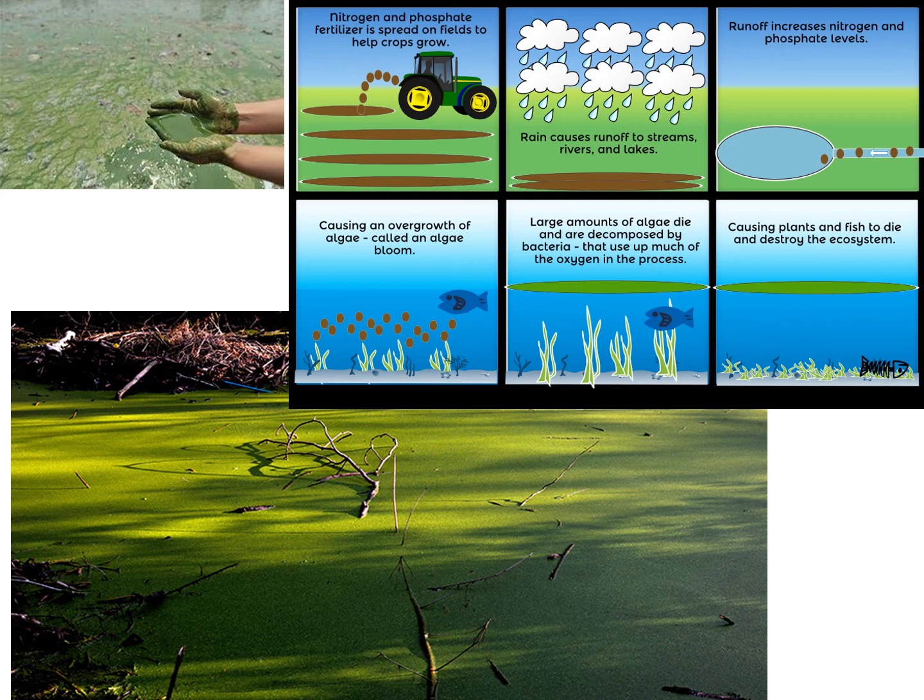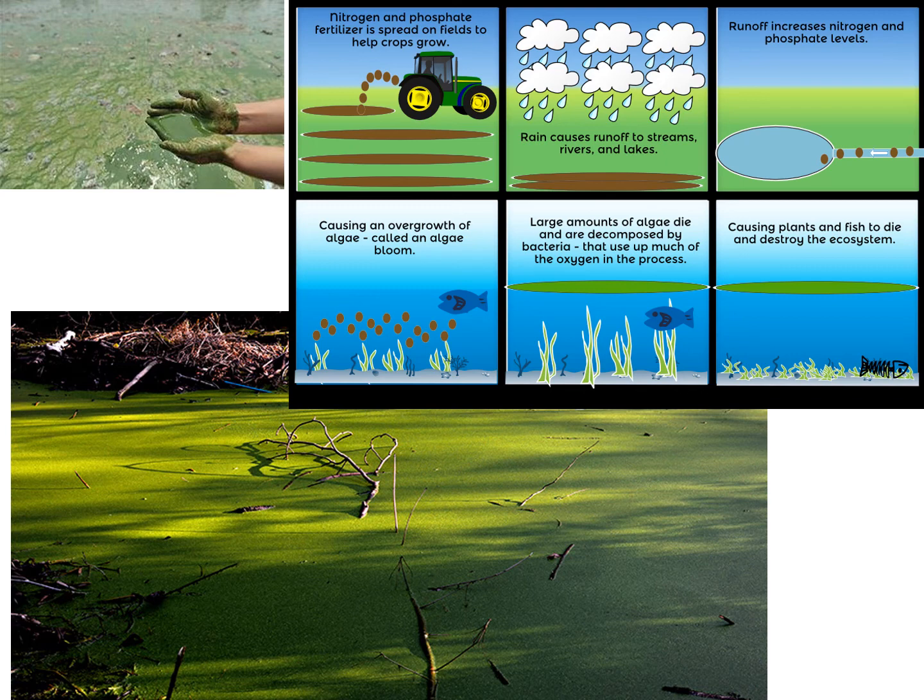However, when it rains, the rain washes some of those fertilizer ingredients, the nitrogen and the phosphate, into water supplies, into the rivers, and it gets into the lakes, and it causes an overgrowth of algae, because obviously that's what fertilizers do, they make plants grow, so therefore it makes the algae grow.